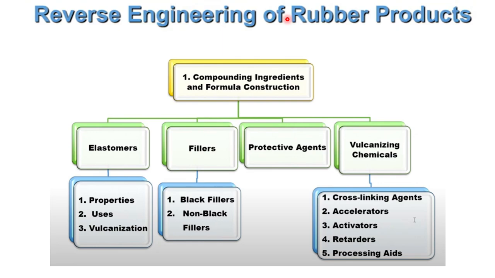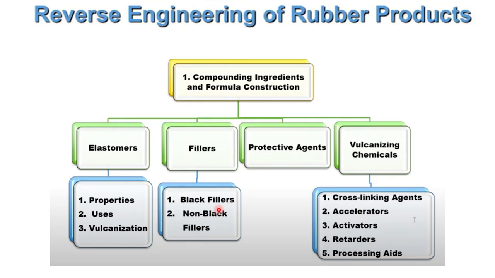Now, what are the different parts in reverse engineering? First, compounding ingredients and formula construction. If it is a rubber based product, there is elastomer, filler, protective agent and curing agent. In elastomer, there are different properties, different purposes or applications, and also different techniques of vulcanization. In the case of filler, there are different categories of filler.